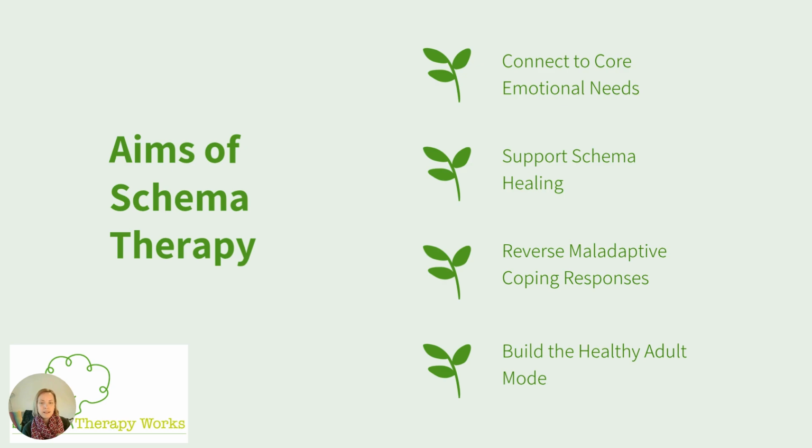The second area that we're aiming to address in schema therapy is to support that schema healing. So this is about processing the events that led to the schemas developing in the first place. So, for example, somebody who may have experienced traumatic events in childhood, they develop this sense that it was all my fault, I was bad, I deserved to be hurt in this way.